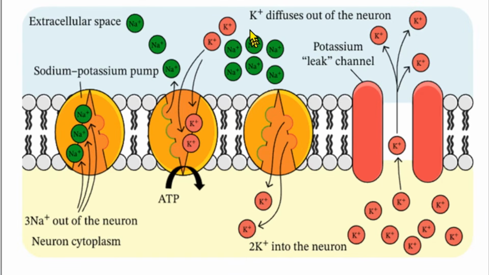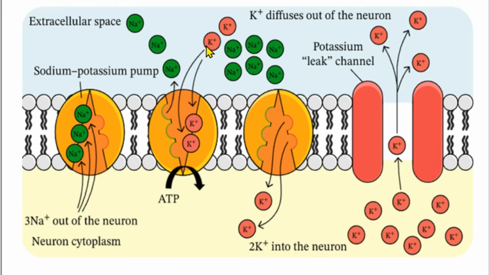Alright, so in order to explain this, we have to be able to understand what the membrane of the neuron looks like. Now you're going to see two structures here. So this is the same type of structure, and then we have this leak channel here. So these more orange ones, light orange or yellow I guess, are sodium potassium pumps, and you're going to see sodium in green and potassium in red.